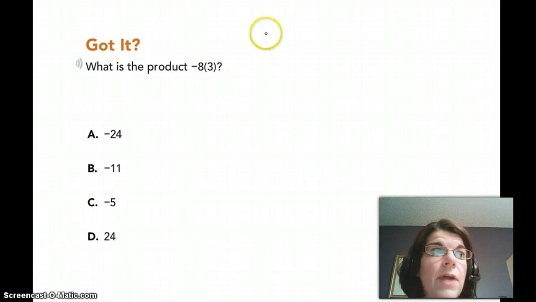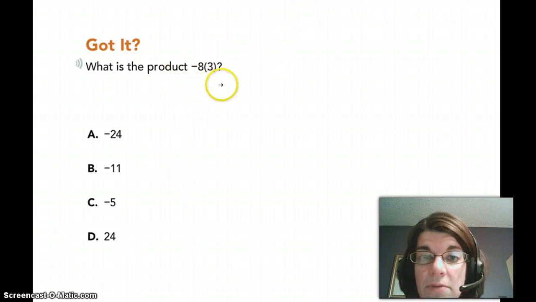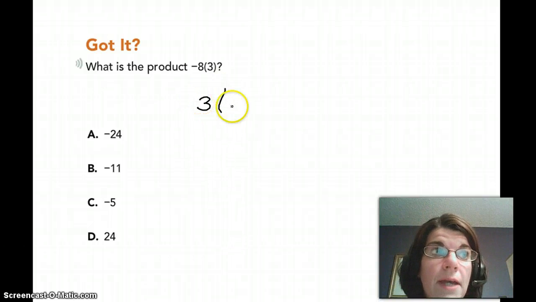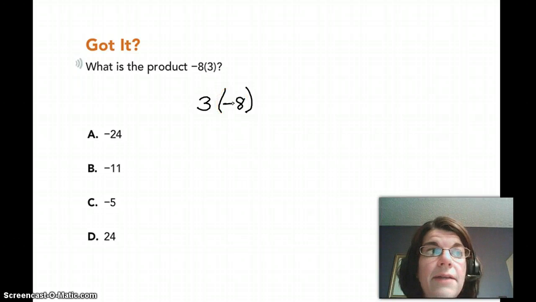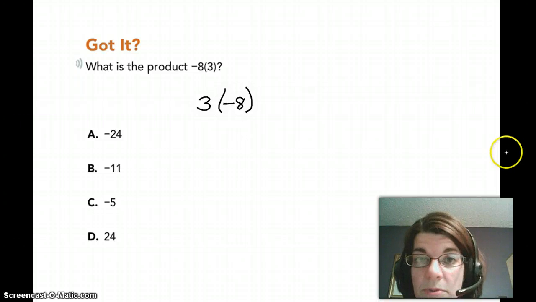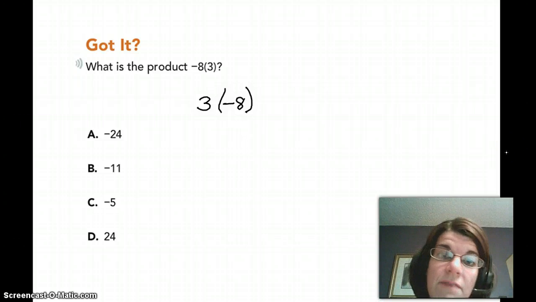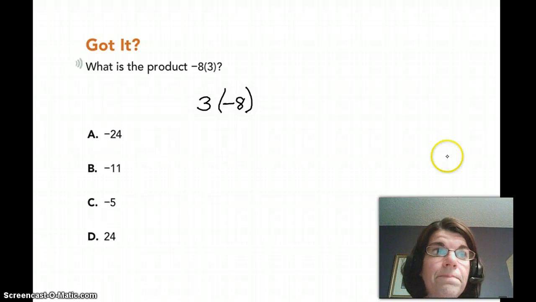Okay, so now we have negative 8 times 3. Now remember your commutative property. You can switch the order: 3 times negative 8. So if you're thinking of your number line, you have 3 groups of negative 8. What would that look like? Negative 8 plus negative 8 plus negative 8. So here's your number line.